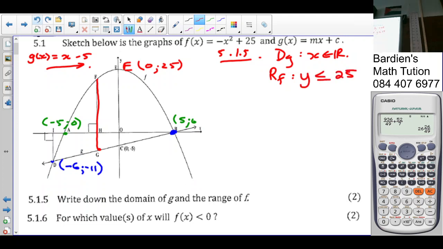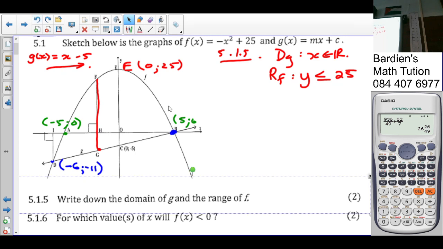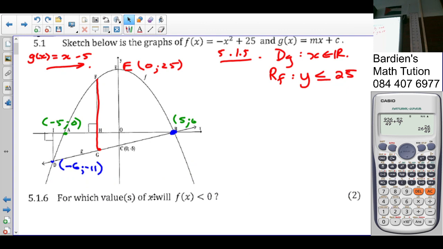Again, what is the range? Range is all possible y values. So the y values that exist on this graph are as long as y is less than or equal to 25. Let's look at 5.1.6.